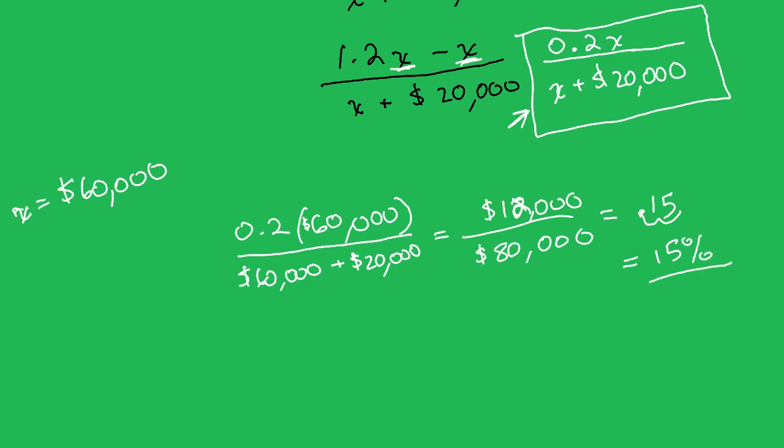So that'd be a 15% increase in the total amount he gets paid if John had an original salary of $60,000. So you'll see that if his salary increases by 20%, his total amount he gets paid is only going to increase by 15%, and that makes sense because his bonus isn't increasing at all, so it's not going to increase as much as his salary would increase.